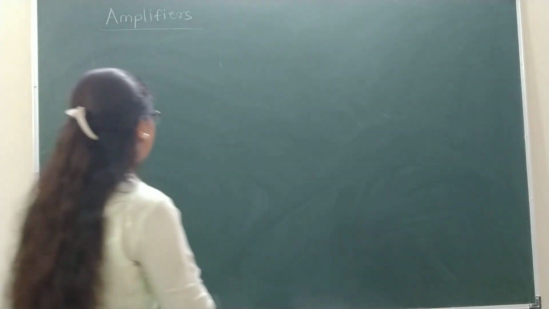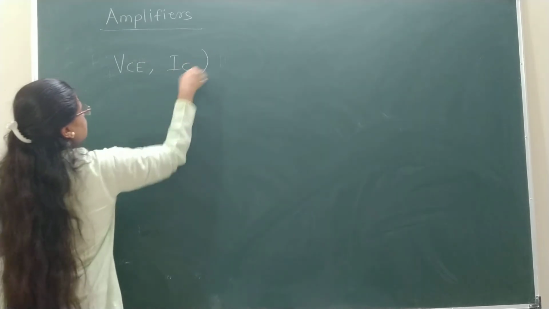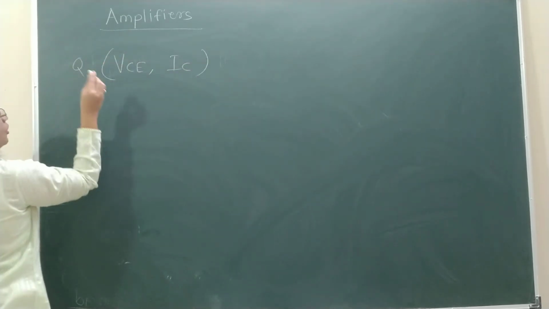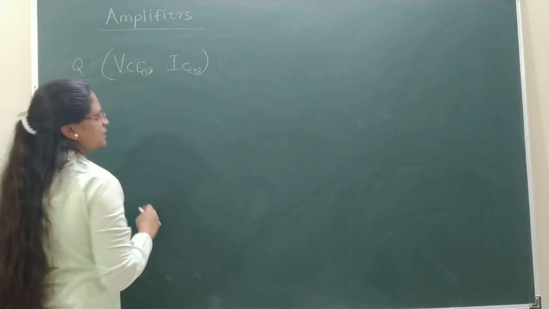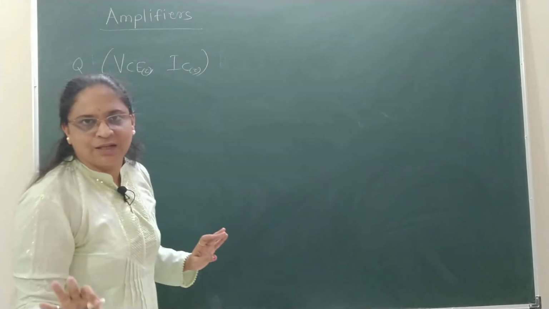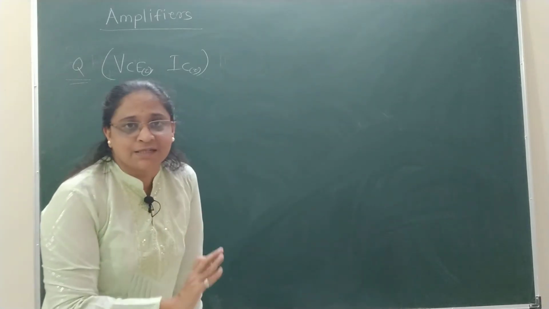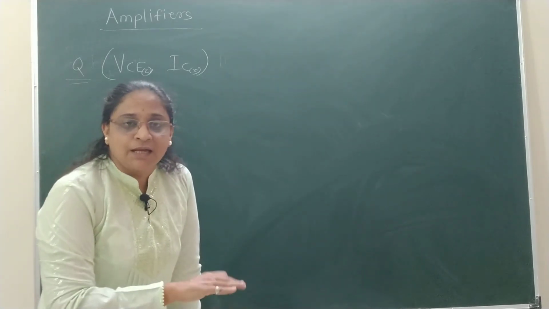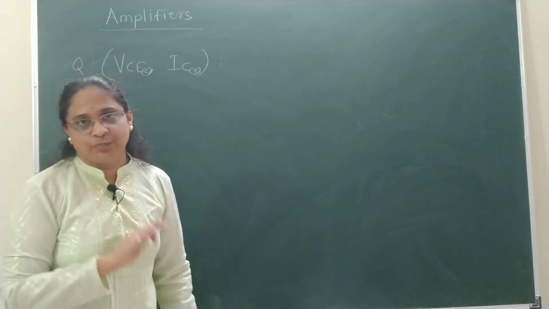So VCE and IC, these two parameters are more important as they decide the working condition of any transistor. Normally we label it as VCEZ, ICZ. Z stands for zero signal value. No signal is given for amplification. Then how much is the collector current initially and how much is the collector emitter voltage initially, in the absence of input signal.